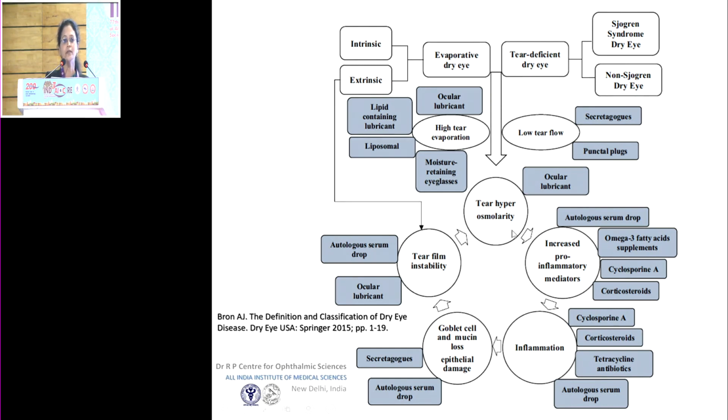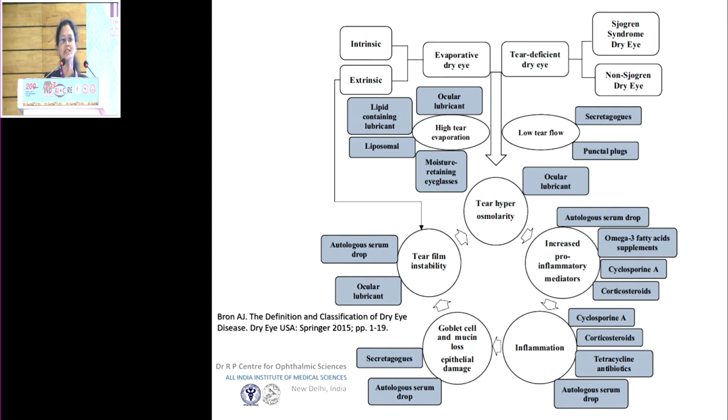So it's tear hyperosmolarity leading on to inflammation, release of inflammatory mediators, and those indirectly or directly damaging the ocular surface, the tear film and the ocular surface epithelial cells, worsening the tear film instability.